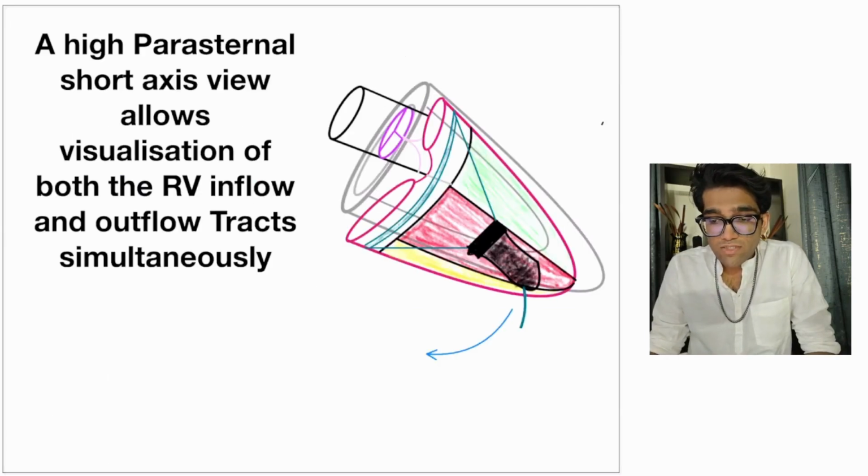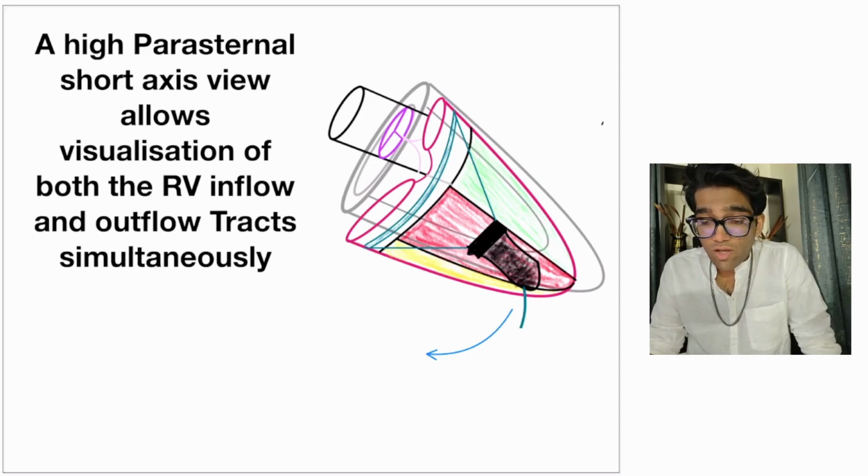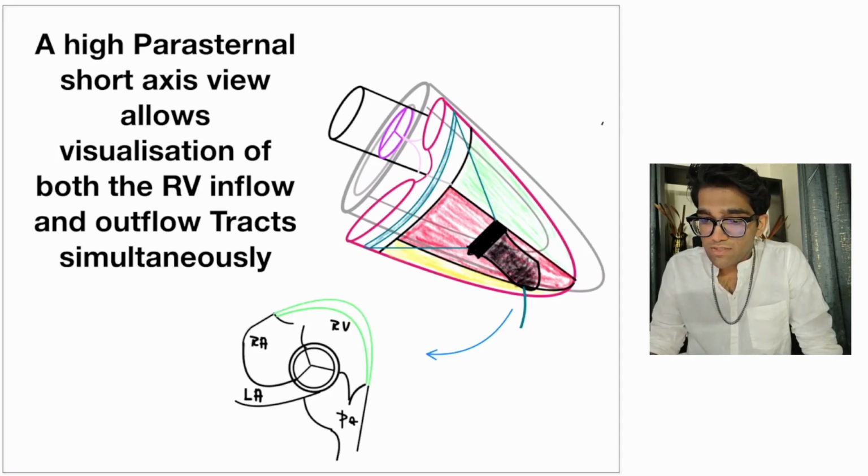From our previous discussion, I had highlighted that there is a view called the high parasternal short axis view. So this passes through the RV inflow, the RV outflow, and the aortic valve, and produces the characteristic Mercedes-Benz appearance.